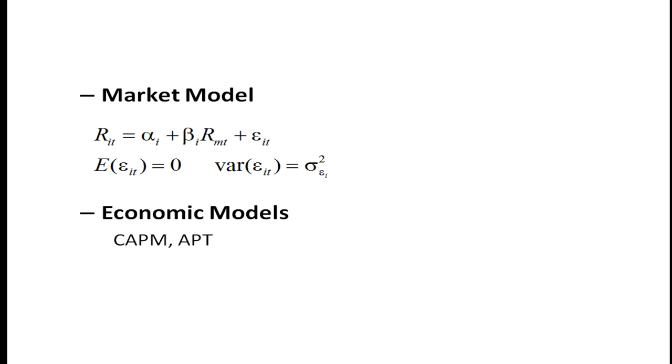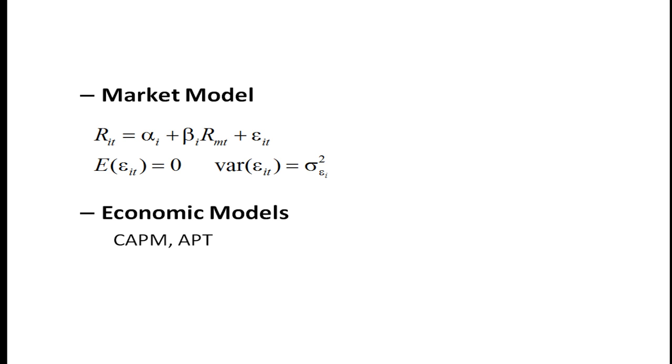Another approach we can use is the market model. The market model relates the returns for stock i in time period t with the return for some market index in the same time period. That index is usually the S&P 500, but it could be really any market index we wanted to use. And it's estimated using linear regression. Here we're going to estimate a slope coefficient and an intercept.